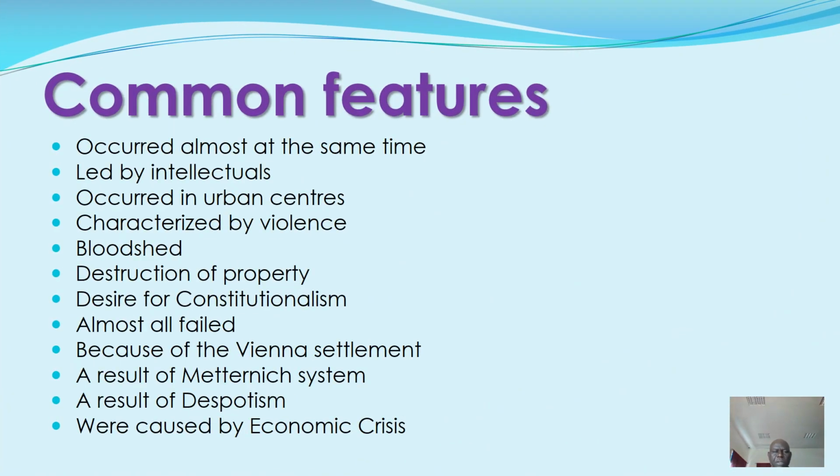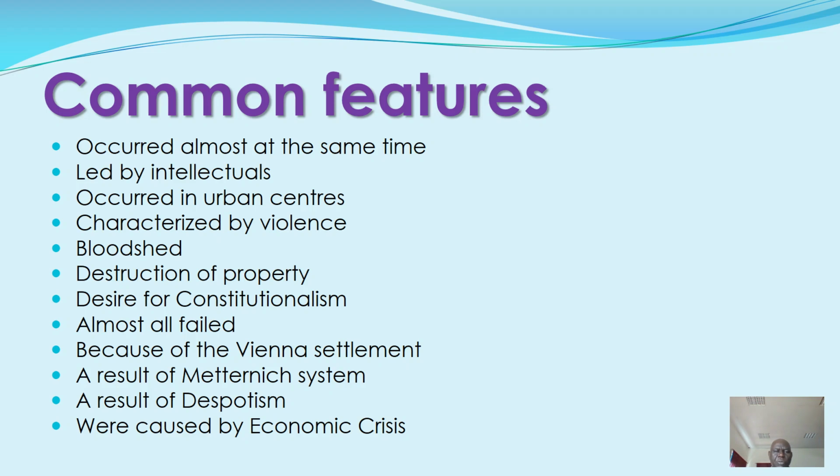Now, when you look at the revolutions, the causes and effects, it is also imperative that we look at the common features, the common characteristics, what appeared in almost all these revolutions. When we scan the causes and effects, we find there are some similarities in these revolutions.